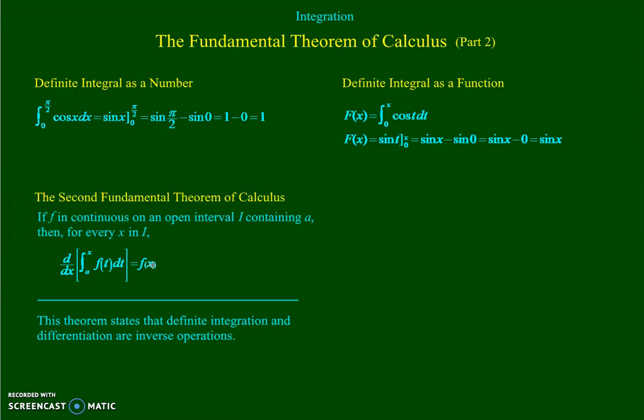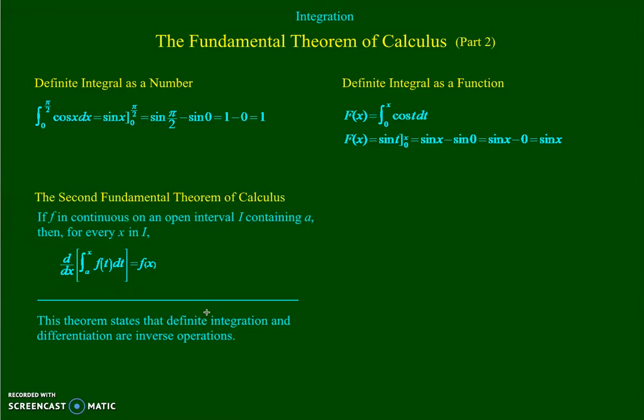And what this is saying, quite simply, is that the definite integration process is the inverse of differentiation. And that's one of the reasons why this is one of the primary theorems that we deal with in all of calculus. That integration, definite integration, and differentiation are inverse operations.